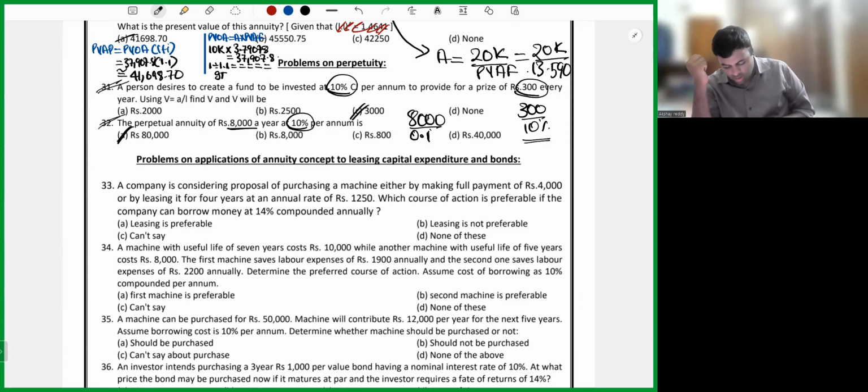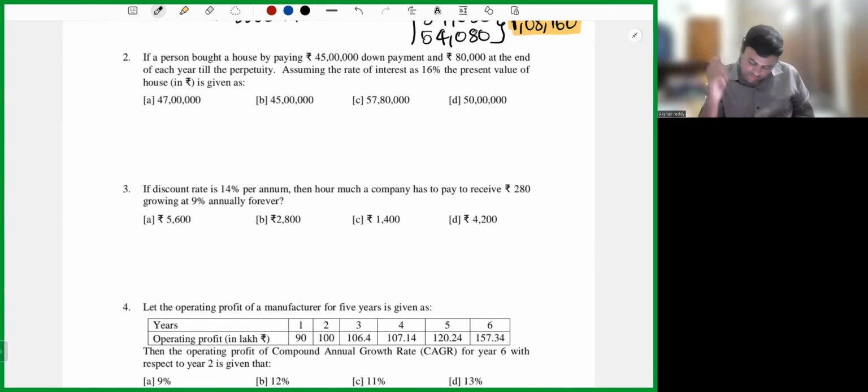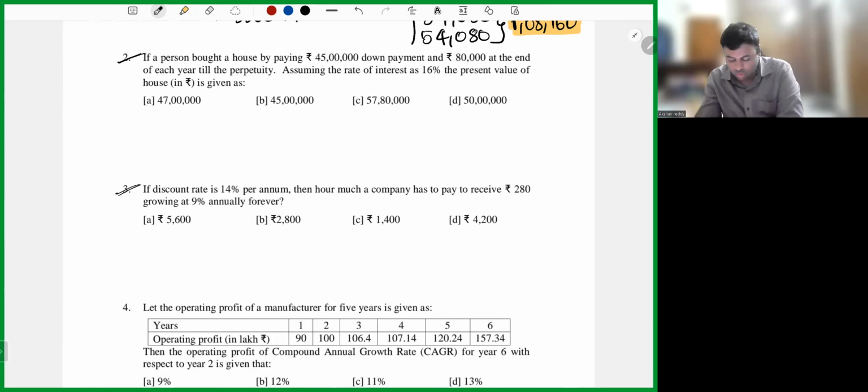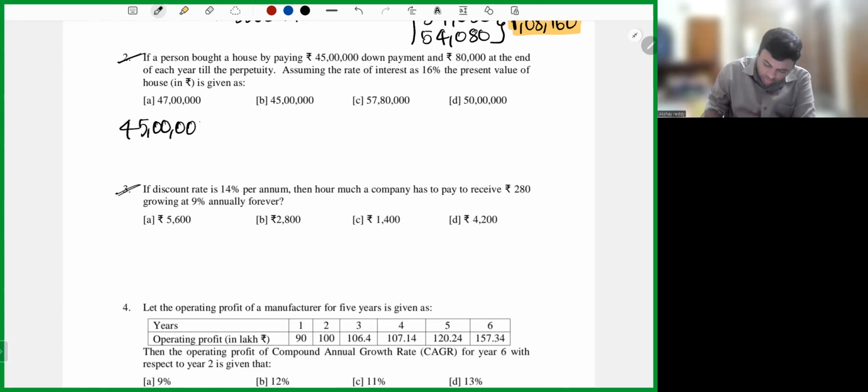Okay. Now, look at the second and third one. A person bought a house by paying 45 lakh down payment. He already paid 45 lakh, and 80,000 at the end of each year till perpetuity.